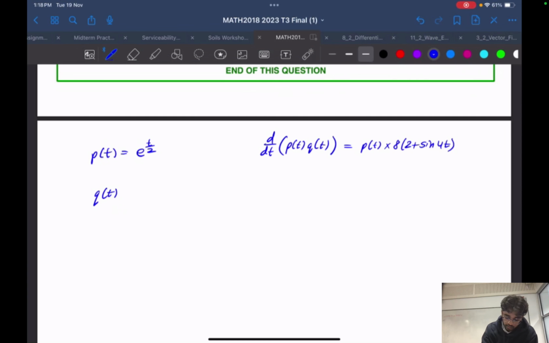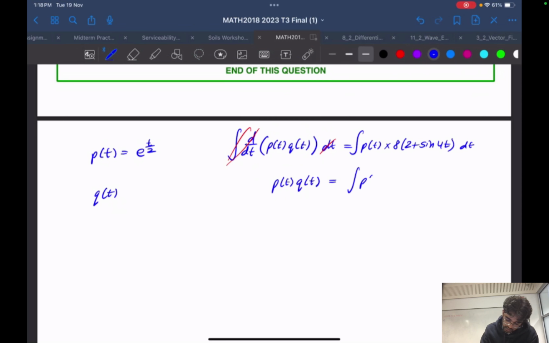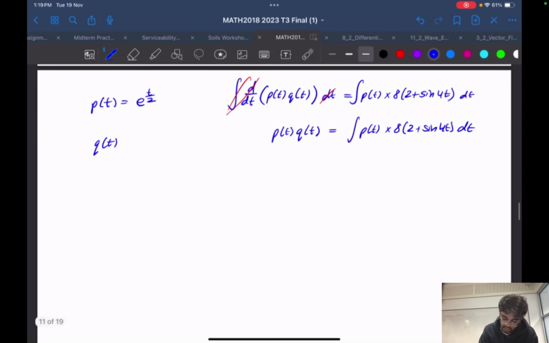So when we integrate both sides with respect to t, this integral actually cancels out with the differential, and we're left with P of t times Q of t equal to the integral of P of t times 8 times 2 plus sine 4t dt. And if you want to find Q of t, you just divide by P of t.